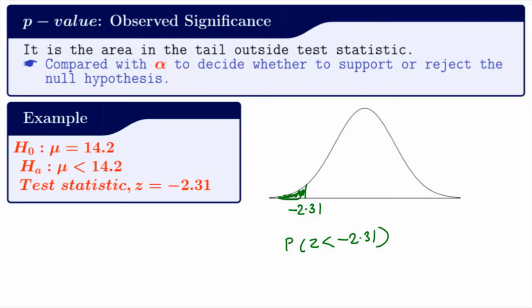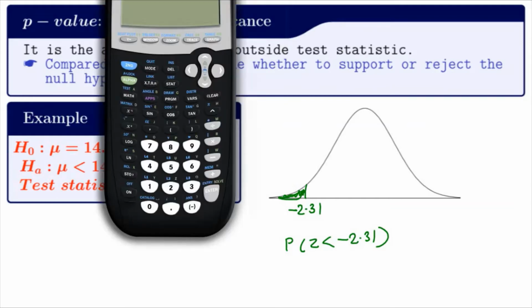Let me use a TI calculator here. So let me pull up my calculator on the screen now. Do second distribution. We'll be using normal CDF, then hit enter. Then for the lower value, enter some large negative number like negative 999, and our upper value here is negative 2.31.